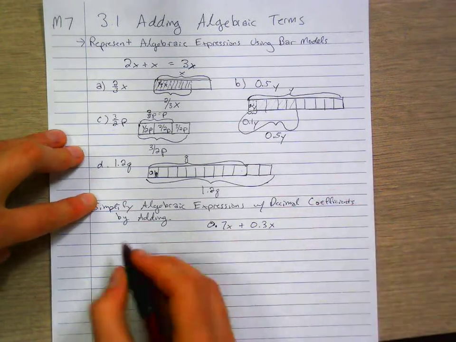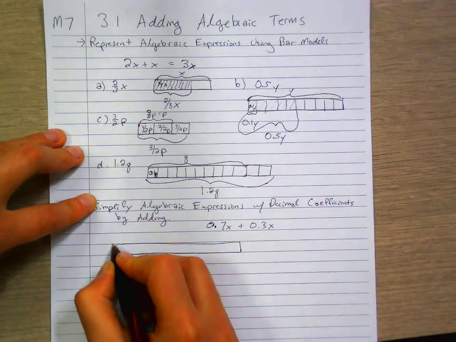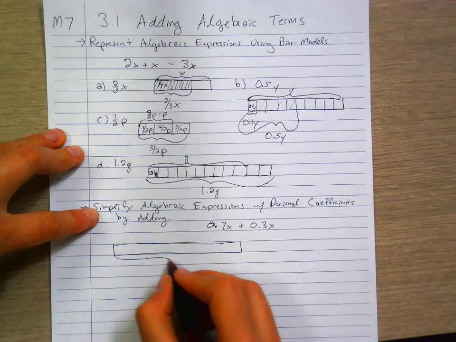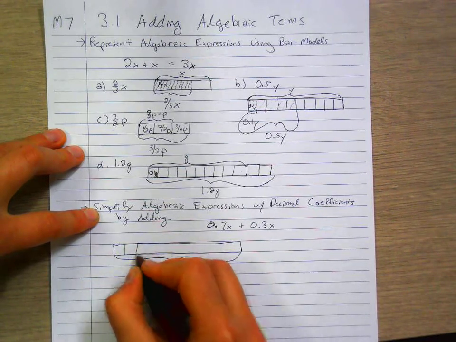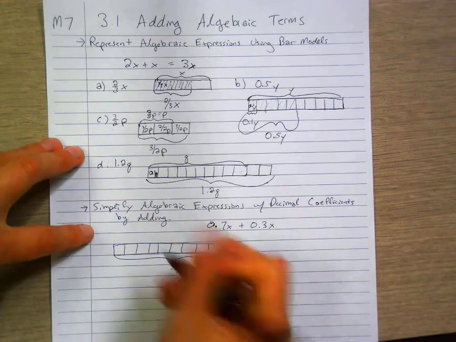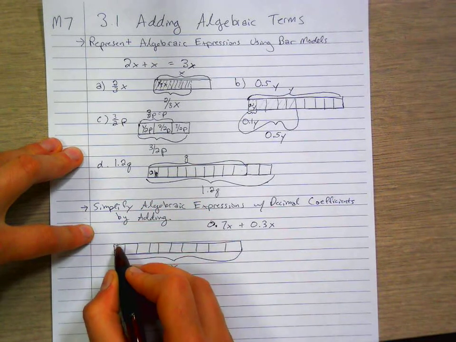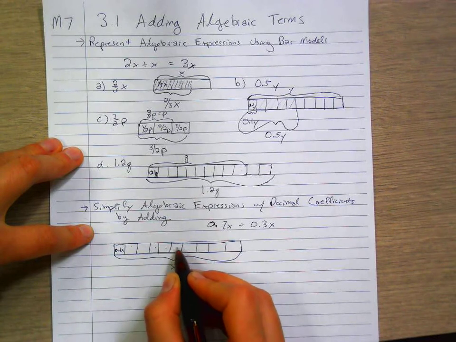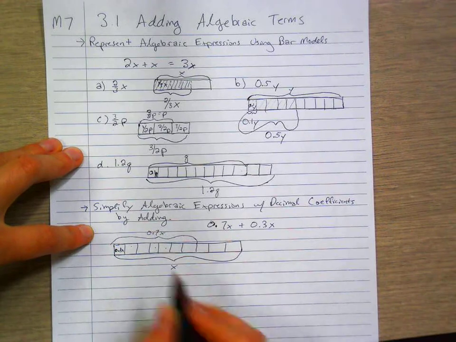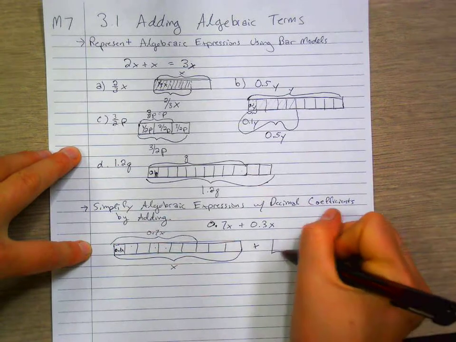So if we represent this in a bar, and this whole thing is split into 10 because it would be x, so 1, 2, 3, 4, 5, 6, 7, 8, 9, 10. Each one is 0.1x. Then we could say that this first one, 0.7, is 1, 2, 3, 4, 5, 6, 7 of those. Okay, we want to add this to another one.